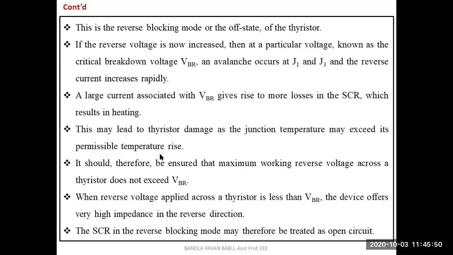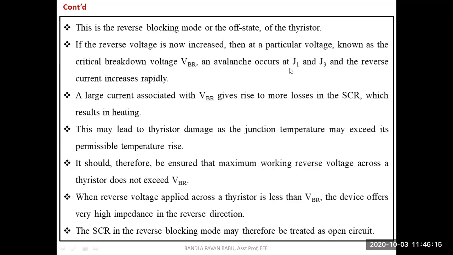Up to now, what we have discussed is the reverse blocking mode, or the off state of the thyristor. If the reverse voltage is now increased, then at a particular voltage known as the critical breakdown voltage, noted as VBR, an avalanche occurs.